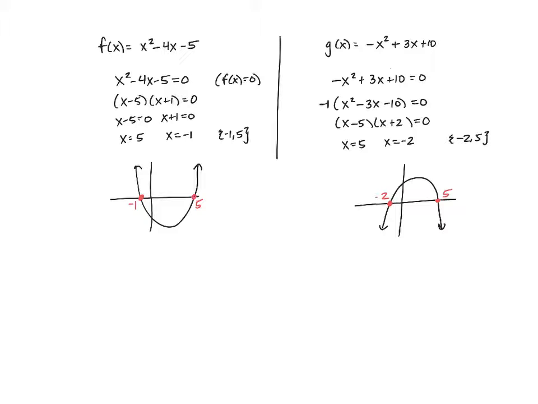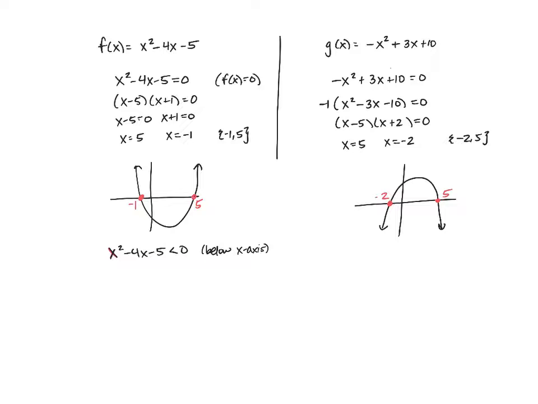So now what if we wanted to solve the inequalities that were related to this original function? So what if we wanted to know, when is x squared minus 4x minus 5 less than 0? So when we're looking at the graph, this corresponds to where this is below the x-axis.